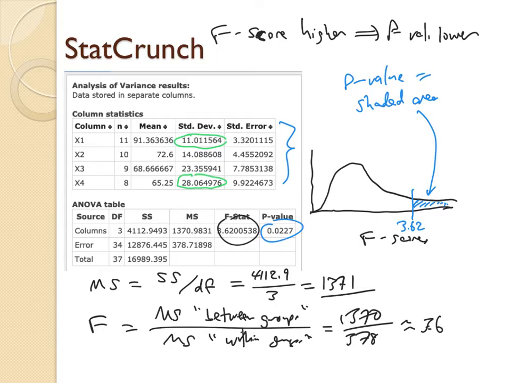So the higher the F score, the lower the p-value. But if you remember, our intuition was that a higher F score meant that we had more evidence of an association. And so we have the final conclusion that the lower the p-value, the more evidence we have of association.